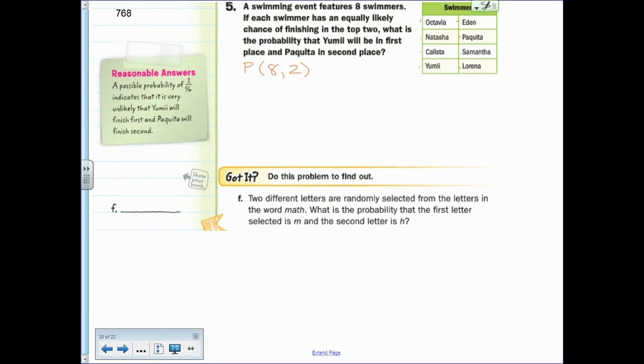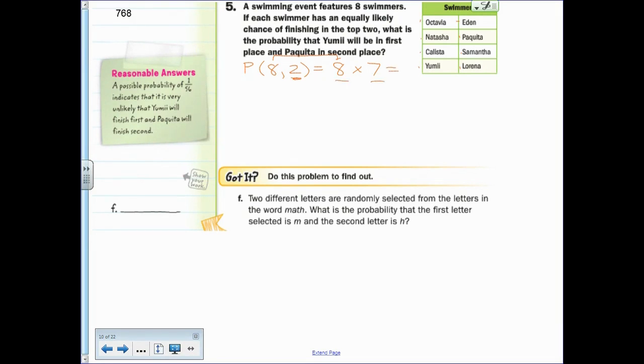Like on example 4, there are 8 different swimmers who could finish first. After somebody is finished first, there will only be 7 potential swimmers to finish second. So the 8 tells me what to start with. The 2 tells me how many places to go.